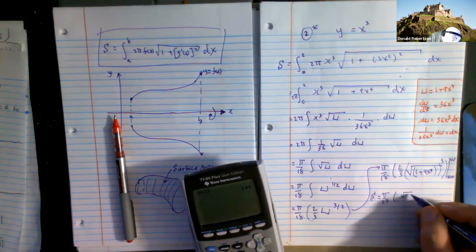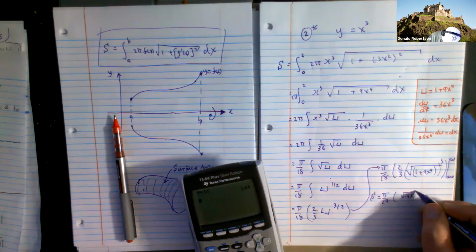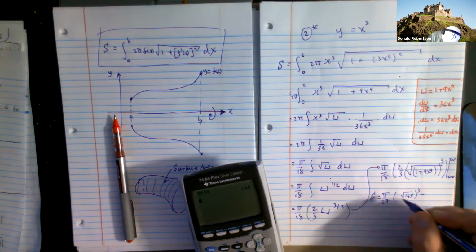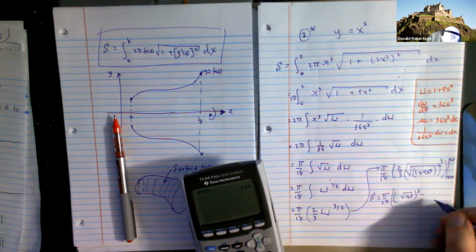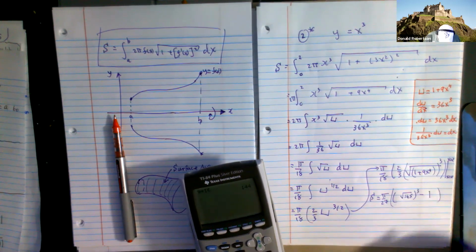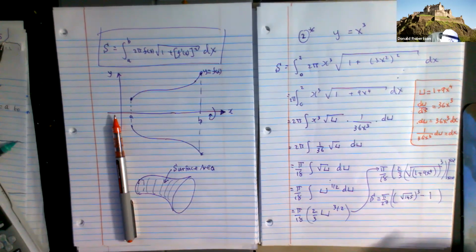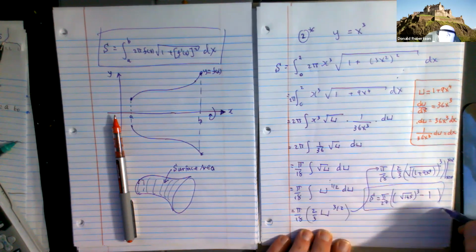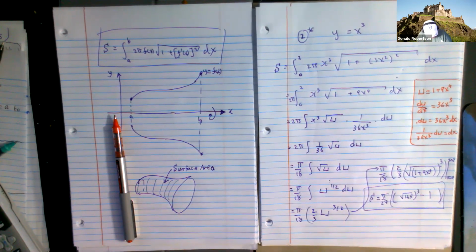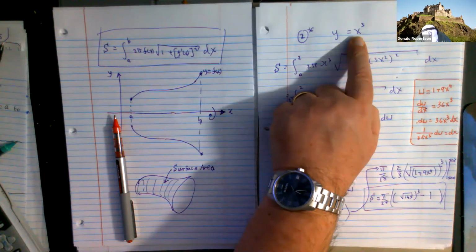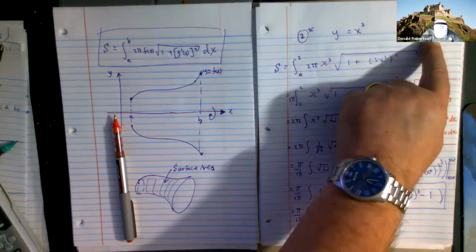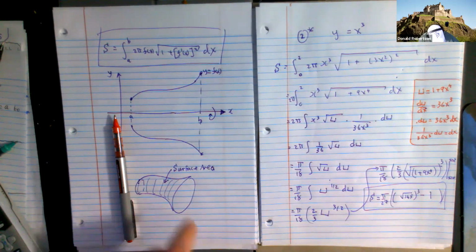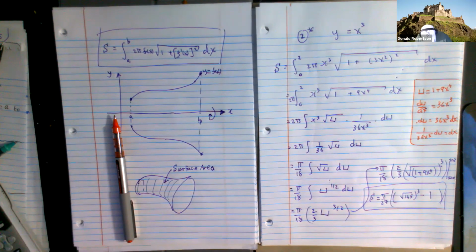So it's the square root of 145 cubed, take away the cube root of 1, take away 1. And so there's your answer. Not very pretty. But it is the surface area you would get if you rotated x cubed from 0 to 2, the curved bit in the middle.